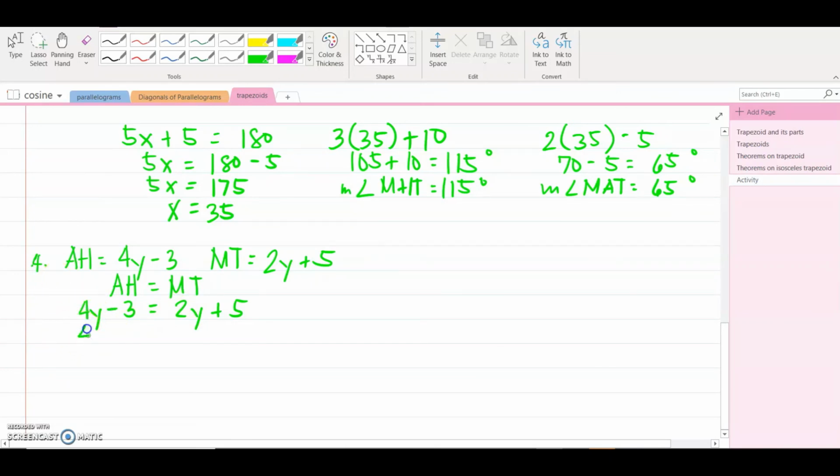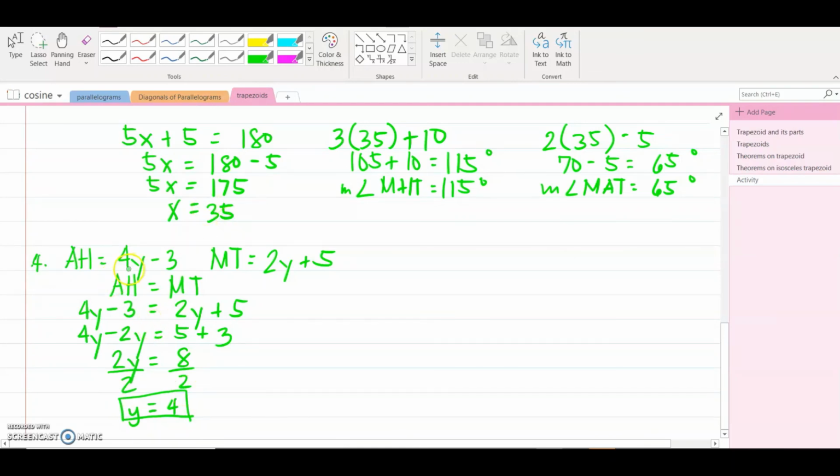On the left side, we retain 4y, then transpose 2y to the left side. So we have negative 2y. On the right, we retain 5, and then transpose negative 3 to the right, so that is positive 3. So 4y minus 2y is 2y. 5 plus 3 is 8. Then divide both sides by 2. y is equal to 4. So the value of y is 4.